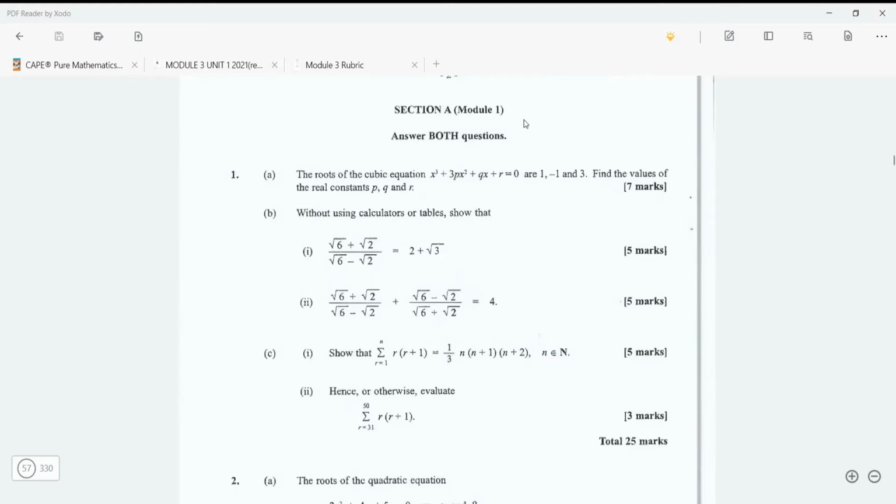So let's write down the cubic. Question 1, they gave us that the cubic is x cubed plus 3px squared plus qx plus r equals 0.